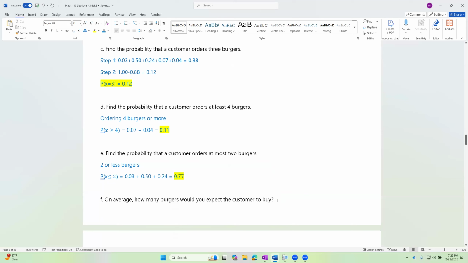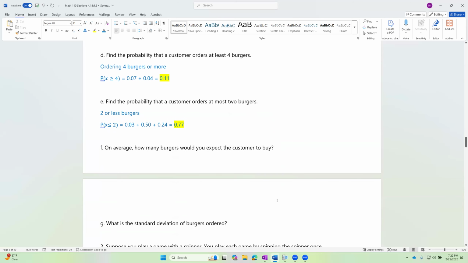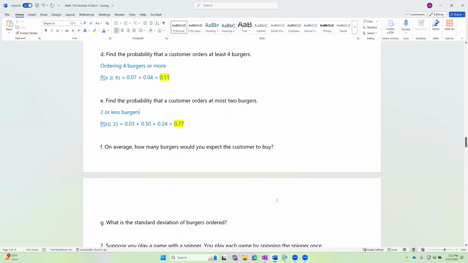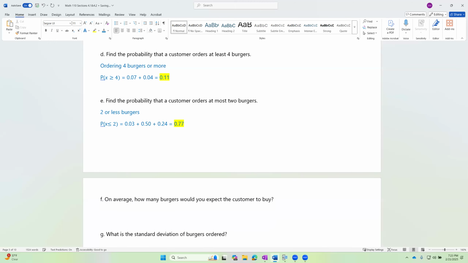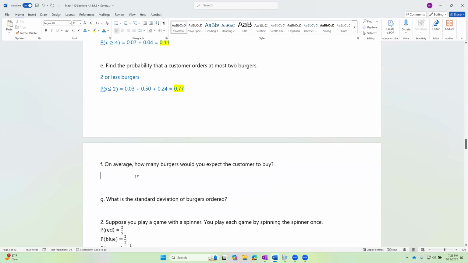Okay, moving on to the last couple questions. On average, how many burgers would you expect a customer to buy? Here's where I need to find the mean. That's what that average is telling us.